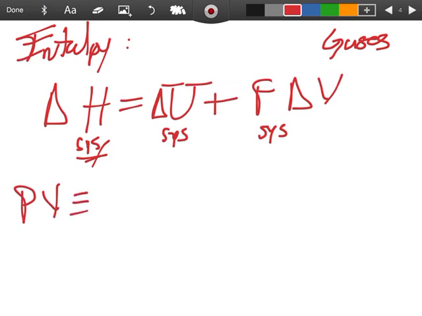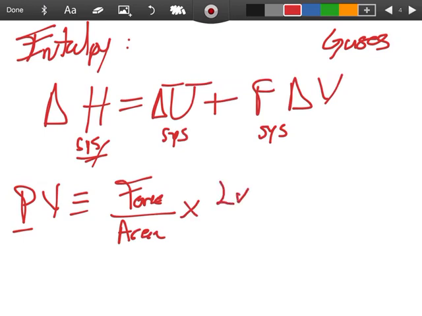So I'm going to put an equivalency and define pressure first. Pressure is nothing but a force that is applied to an area, right? And volume is nothing but length in 3 dimensions, for example, for a cube.